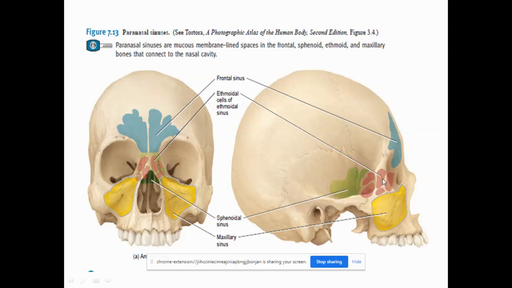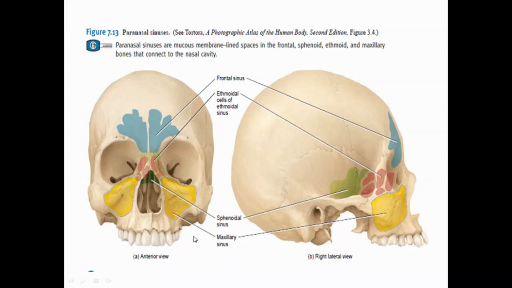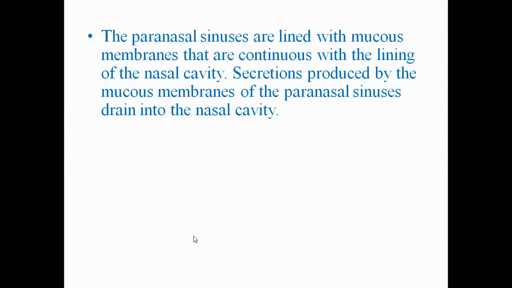You can see the green colored sphenoid sinus on both the pictures, and the yellow colored ones are called the maxillary sinus. This is the anterior view and the right lateral view of the skull.